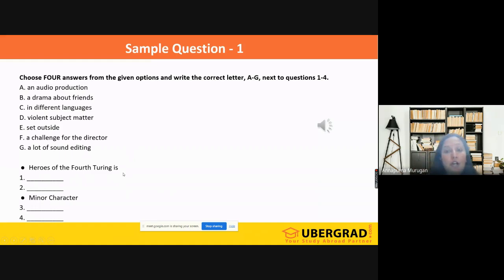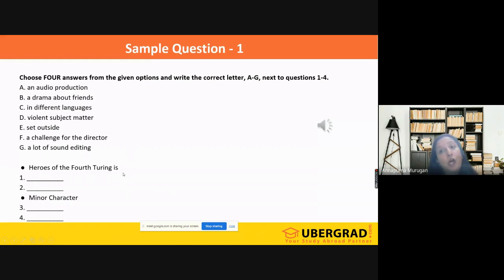Shall I play the audio? So what are you concentrating on now? You are not concentrating, or you have not read anything in the options. You are only looking for heroes of the fourth turning and minor character.